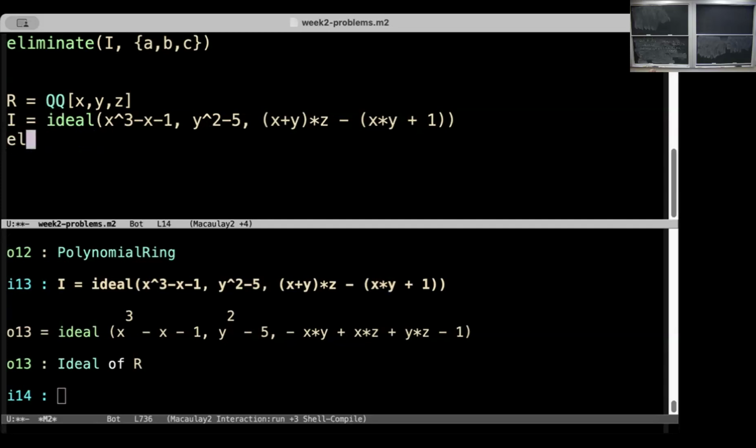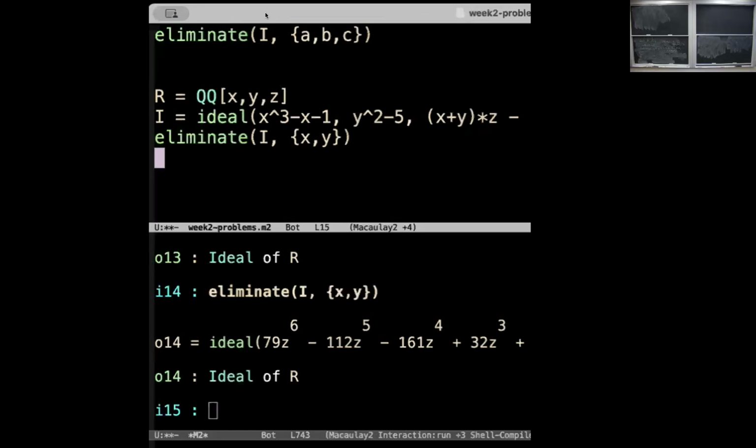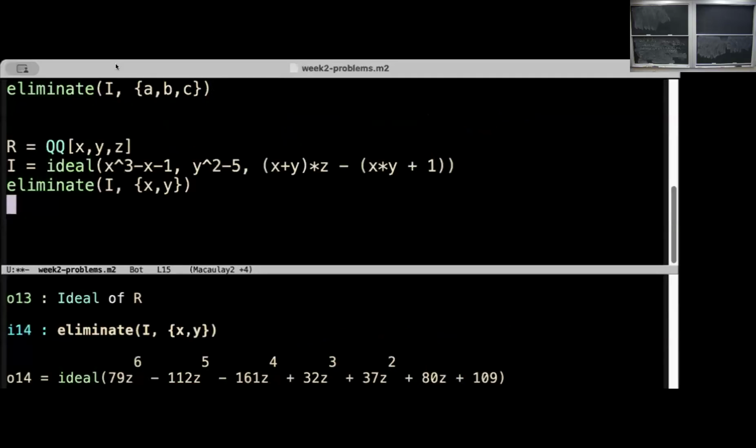Eliminate of I, and which ones do we want to eliminate? Maybe X and Y. So here's the equation that other thing satisfies. But that's actually not quite the question that we were trying to ask, right? So what is it? We're trying to show that these things are equal.